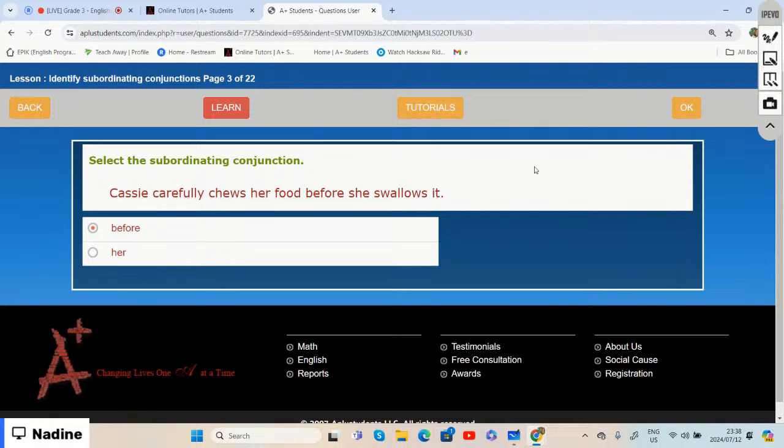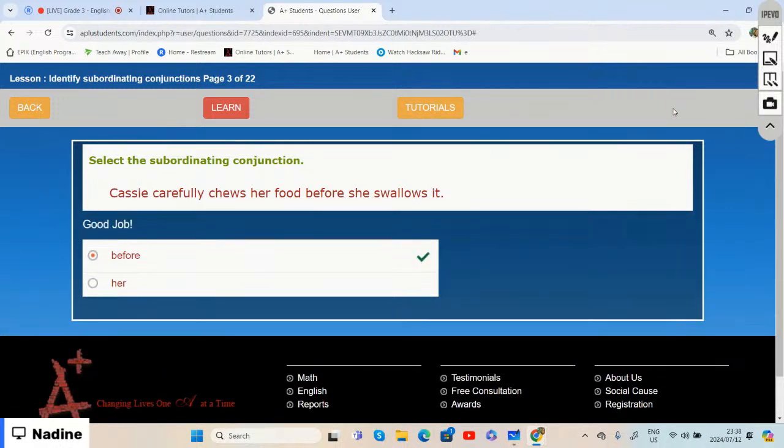So before is our subordinating conjunction.